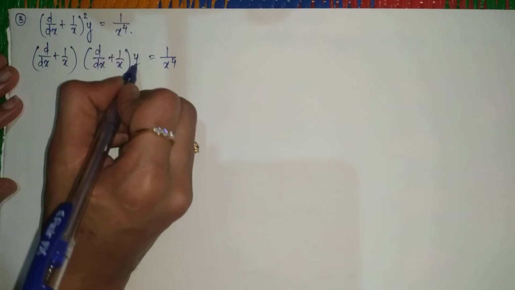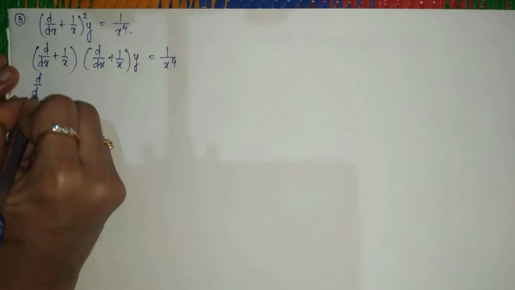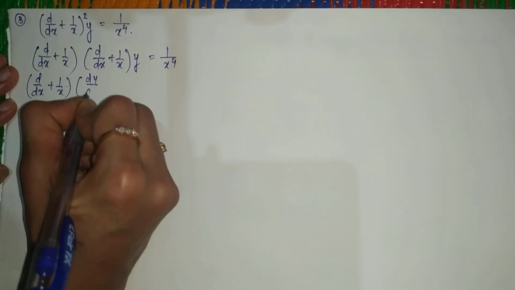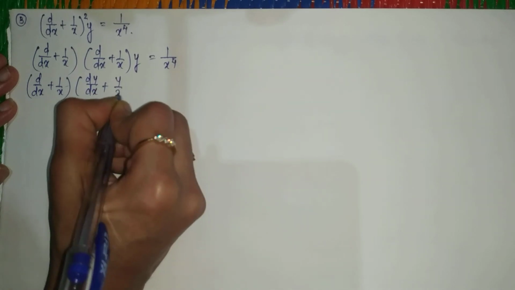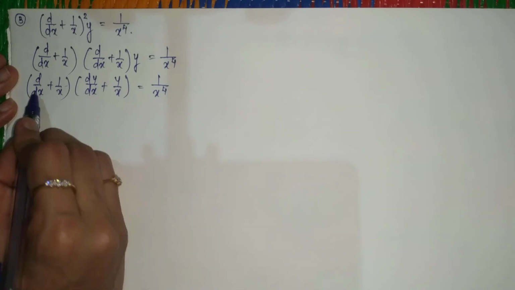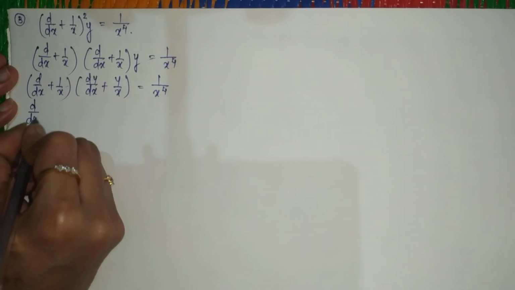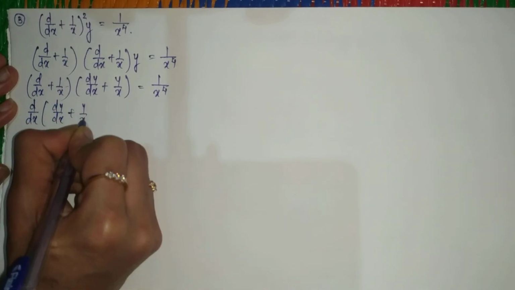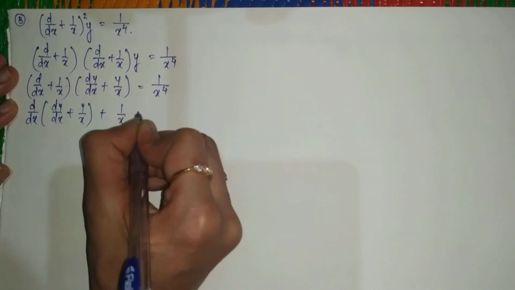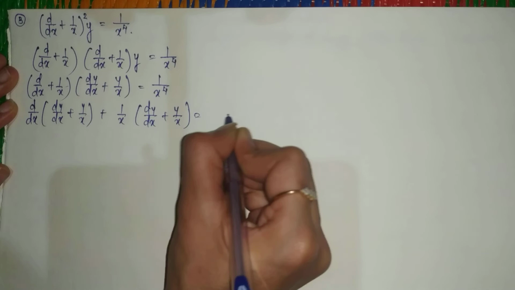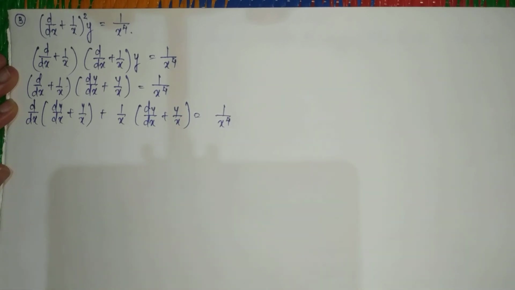So first of all we will apply it on y. So we will get dy/dx + y/x. Now apply this on the remaining operator. So we will get d/dx of (dy/dx + y/x) + 1/x (dy/dx + y/x) equal to 1/x⁴.